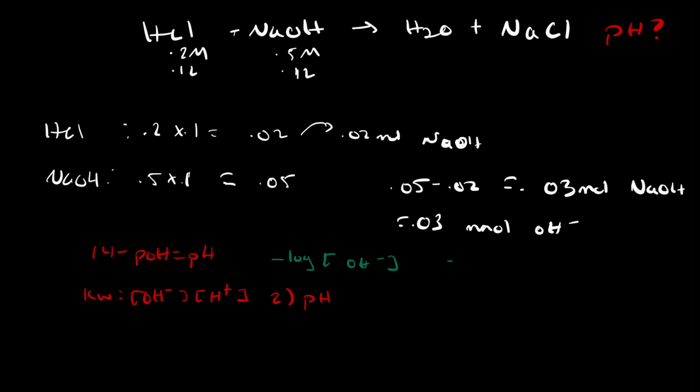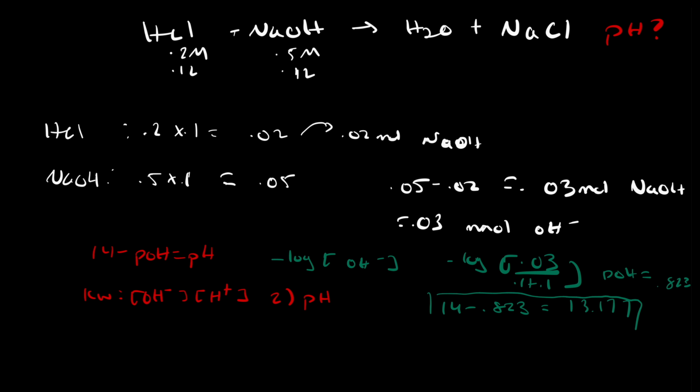So we would take the negative log then of 0.03 divided by 0.1 plus 0.1. And if we solve that here, we get our pOH is equal to 0.823, which means then 14 minus that. So 14 minus 0.823 is equal to a pH of 13.177. So that's how we would do it the first way.